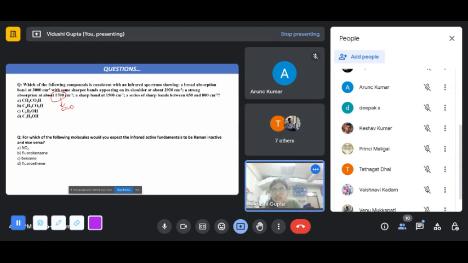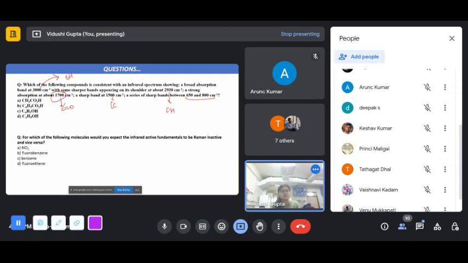Here at 3000 the broad peak, as we already discussed, will be OH. The shoulder peaks at 2930 are for CH stretching, and 1500 is for the C=C stretching.